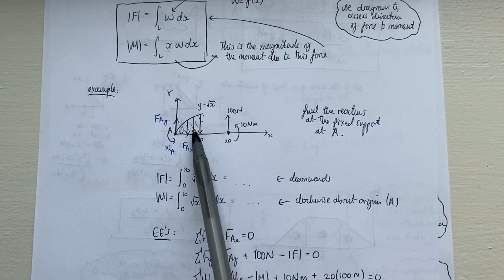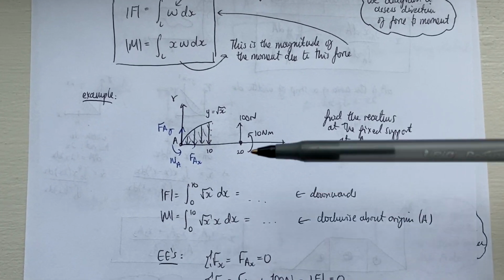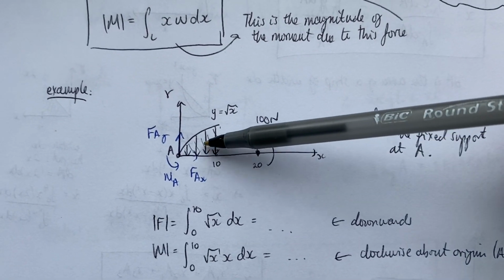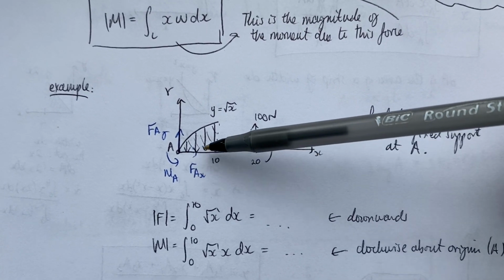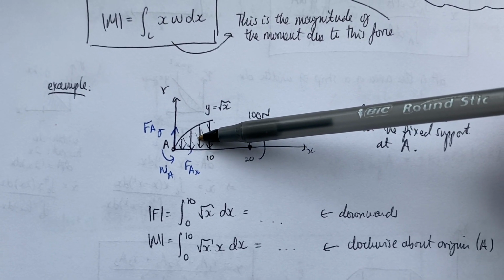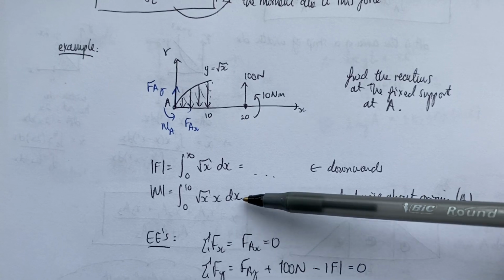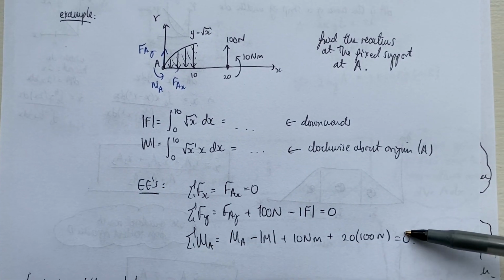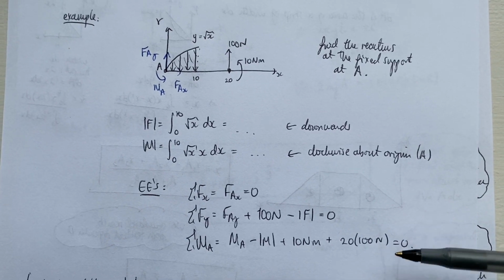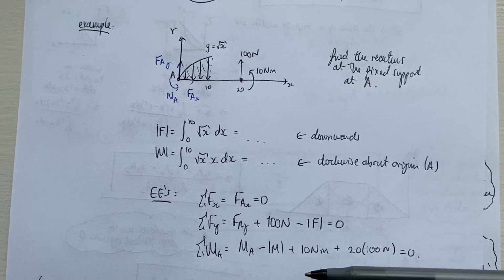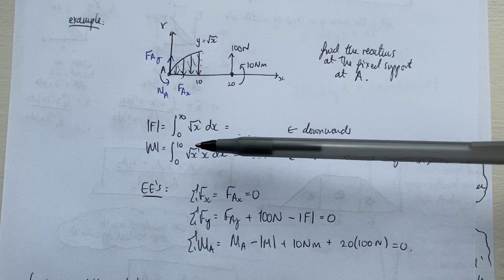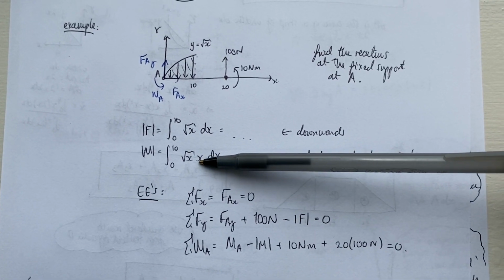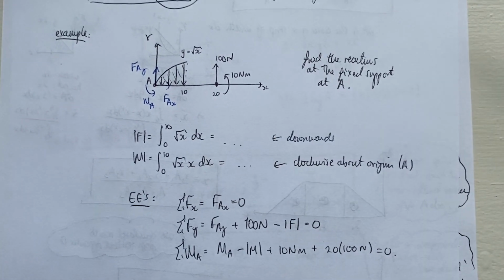We don't know the position at which the force vector is actually acting, right? So it's going to be more towards 10 than it is to 0, and we could work that out, but we don't have that information here, so we wouldn't be able to include it in this equation anyway, right? So what I'm saying here is, in the sum of the moments equation, use this, not this, right? And definitely not both.